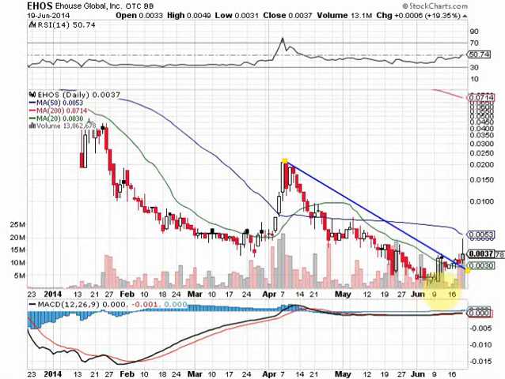Here's our bottom right here where we found support, and ever since we broke through this downtrend, which also coincides with our 20-day moving average, we broke above that. The stock had a nice breakout yesterday.